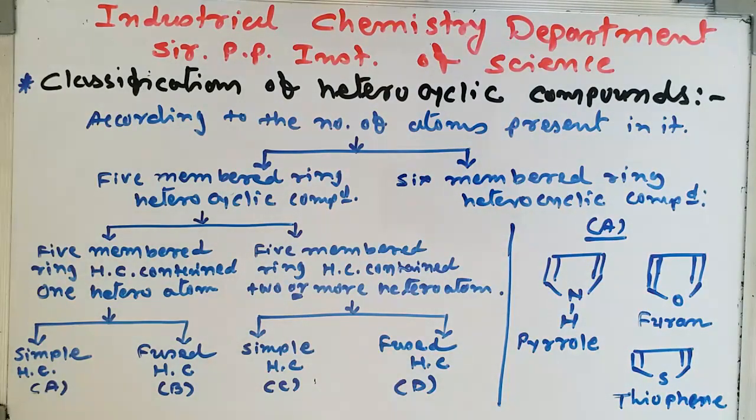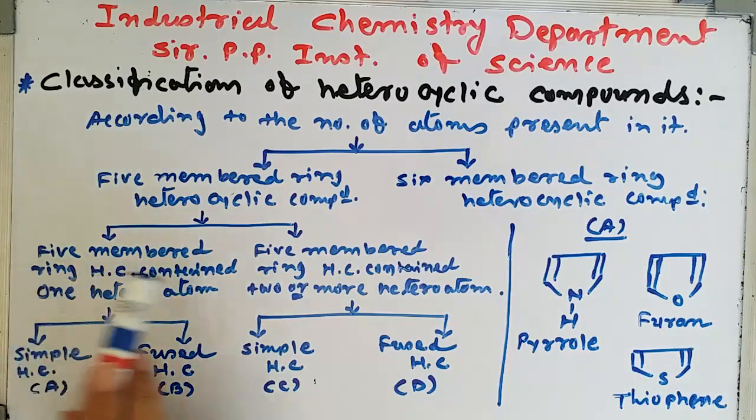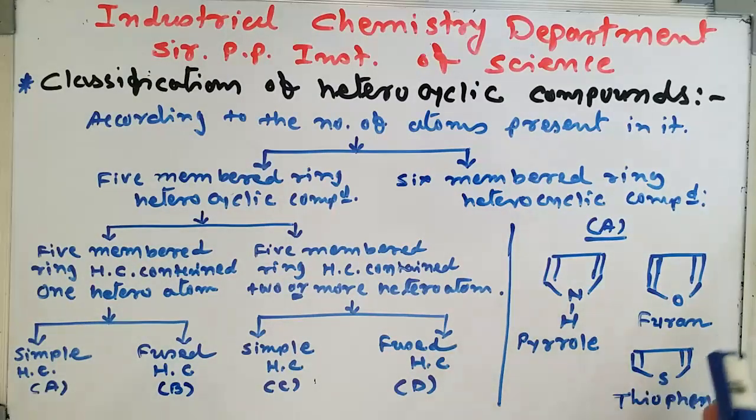So you write down these three components in A group: 5-member ring heterocyclic compounds containing one heteroatom as simple heterocyclic compounds are pyrrole, furan, thiophene, etc.